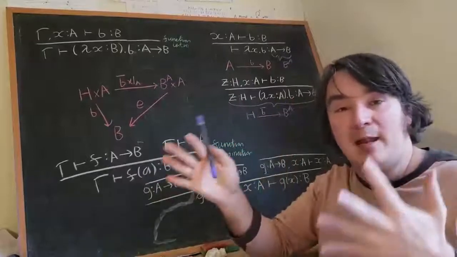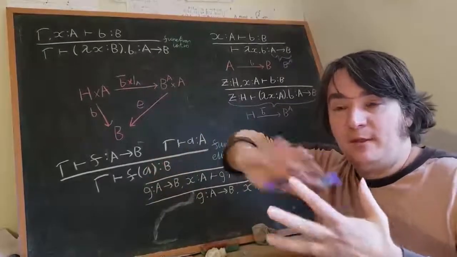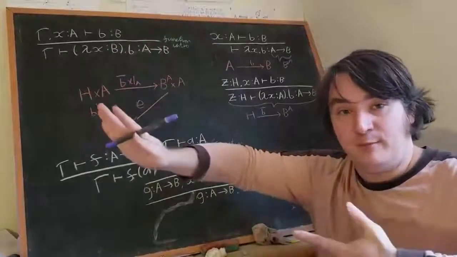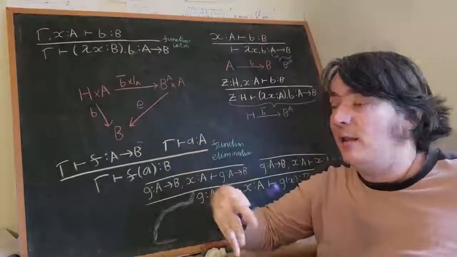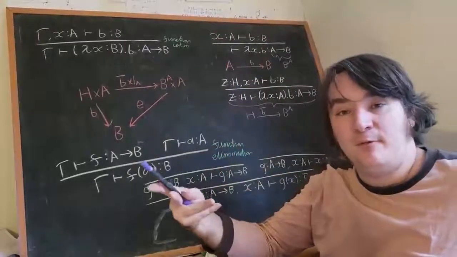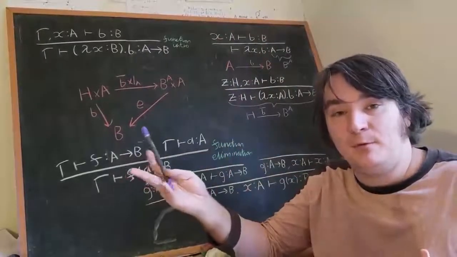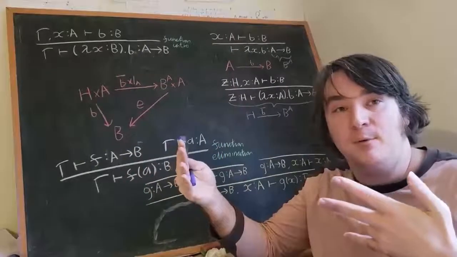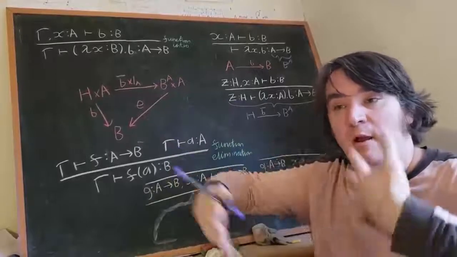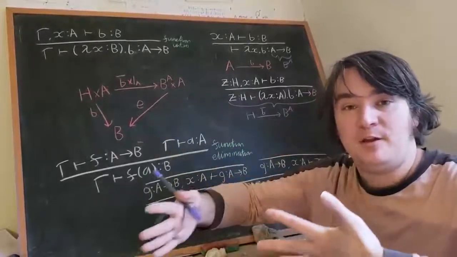Now, another thing I really like about function types is that thinking about them allows us to understand a lot of what the other things mean in type theory. Like, at the end of the day, type theory is just a system for manipulating symbols, and the meaning of those symbols is really given to us by the way that these different rules of type theory interact with each other.